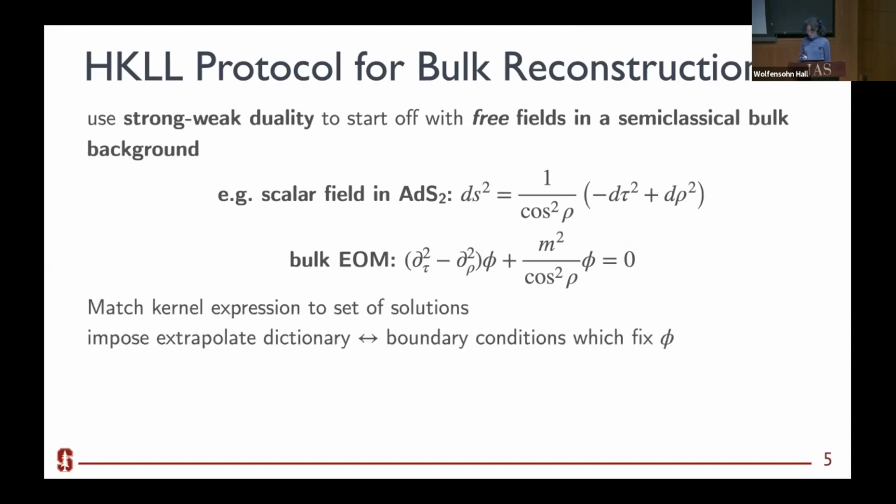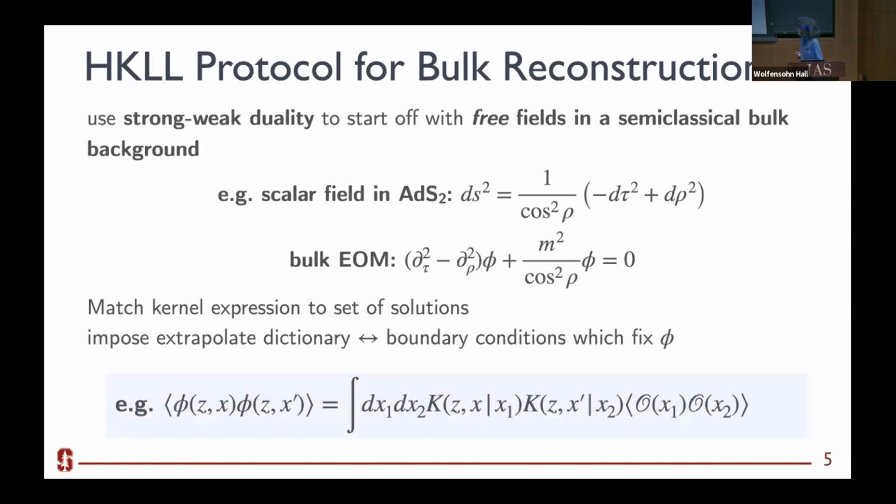HKLL tells you that you can find the kernels by considering the set of solutions to this equation of motion, and then imposing the extrapolate dictionary as the boundary conditions which fix your bulk fields. I'm going to skip over the technical details of how this is done, but if you're interested, you can ask me later. The upshot is that by plugging in the kernel expansions, you can write any bulk correlator of interest as a sum over the boundary correlators.